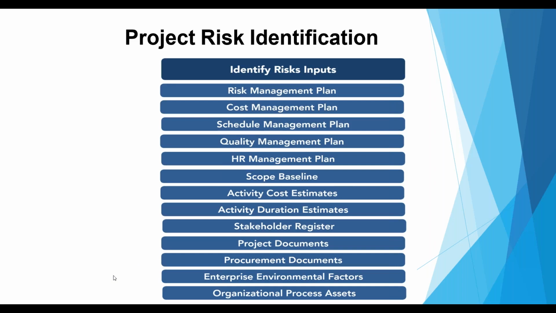These are some of the sources of data that you can use as an input for your risk identification exercise. Once all the relevant information has been gathered, then you move to the next step. Next slide, please.